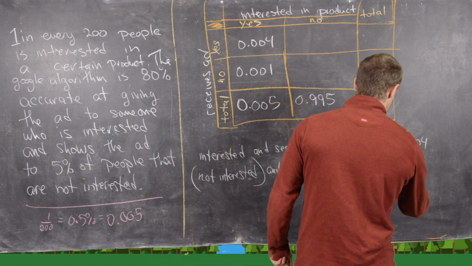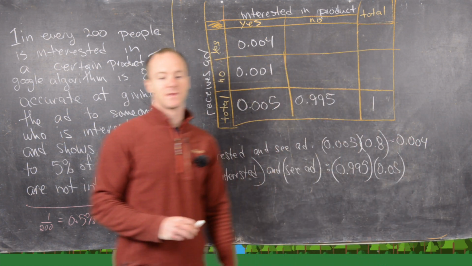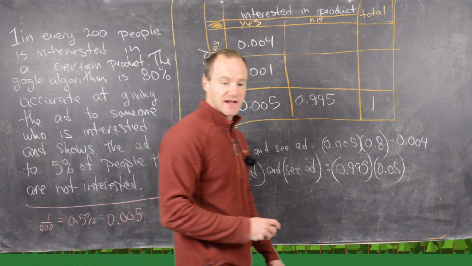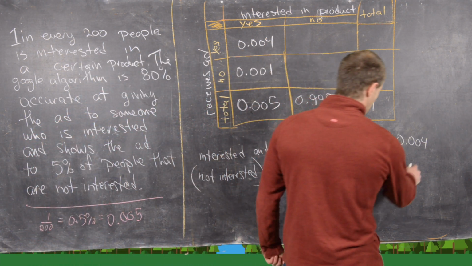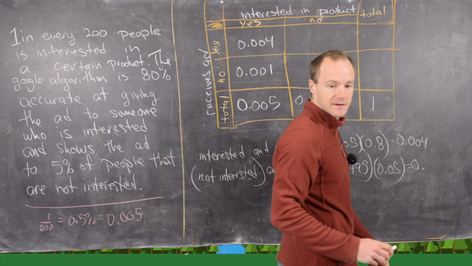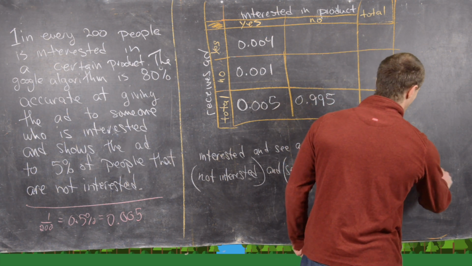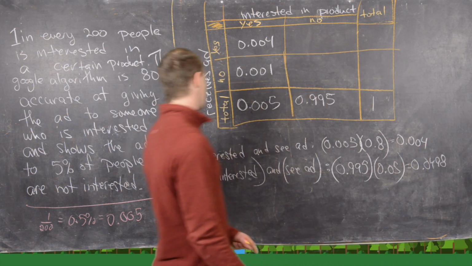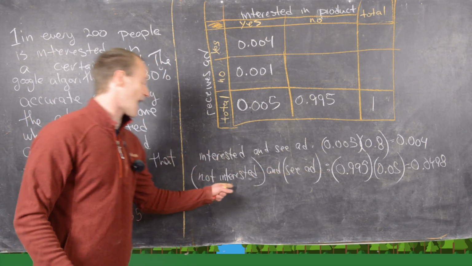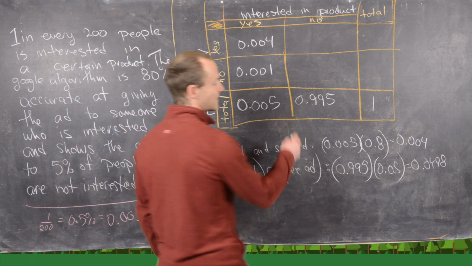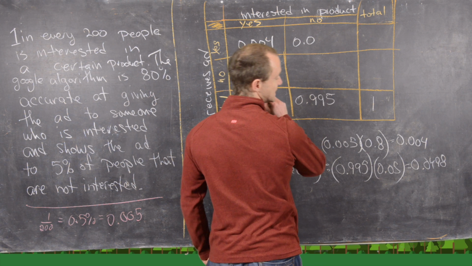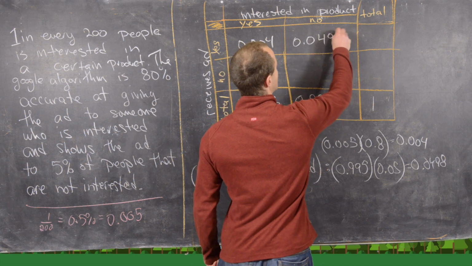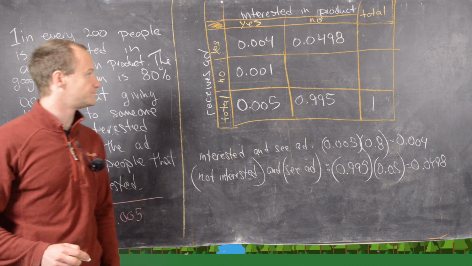So that's going to be 0.05. So let's see what that gives us. That gives us 0.0498. So that is seeing the ad and not being interested, and notice that goes right here, 0.0498, where I have rounded a little bit.